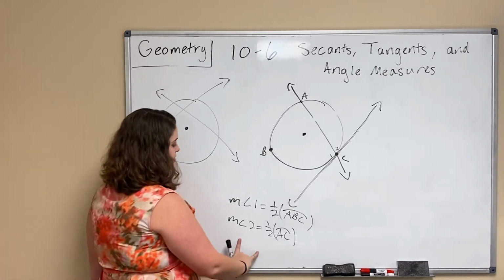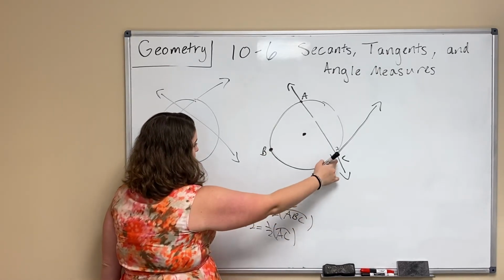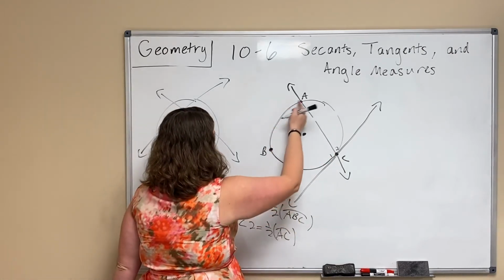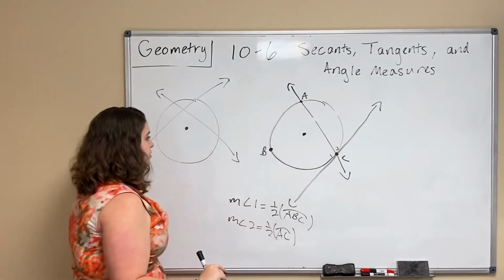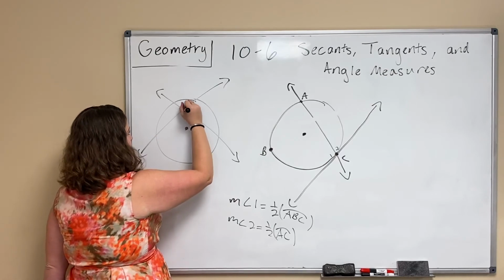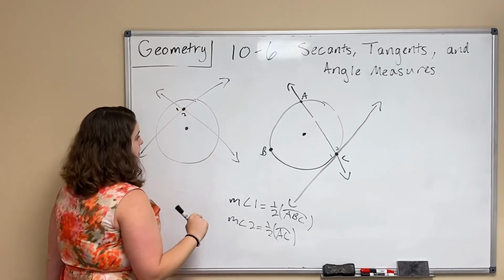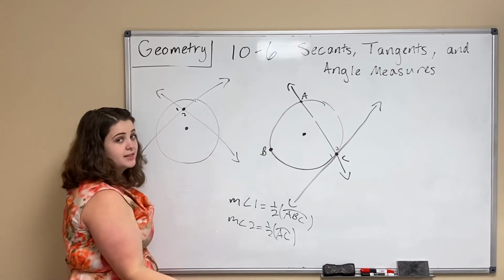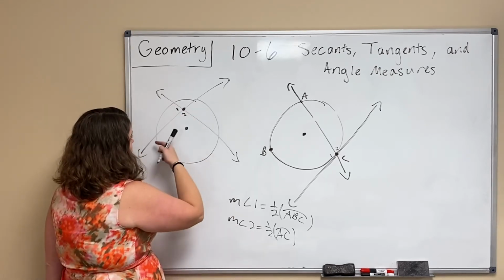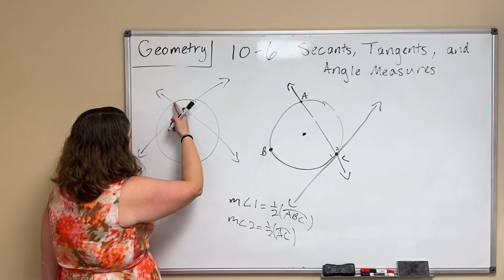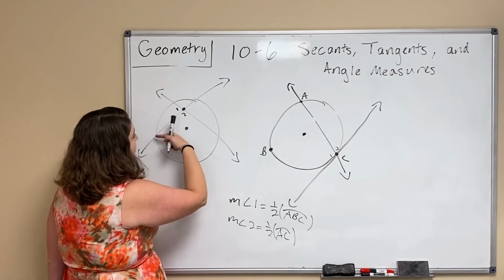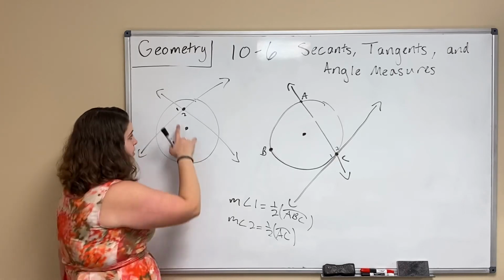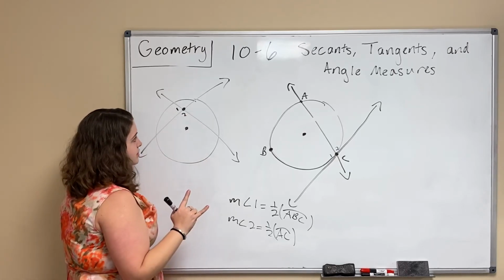So when you're looking at this one, if it intersects at the point of tangency, we're just doing half of this whole arc. If it's two secants intersecting inside our circle, then we're doing half of this arc, its own intercepted arc, and the intercepted arc of its vertical angle. You guys should know its vertical angles are its opposite ones.